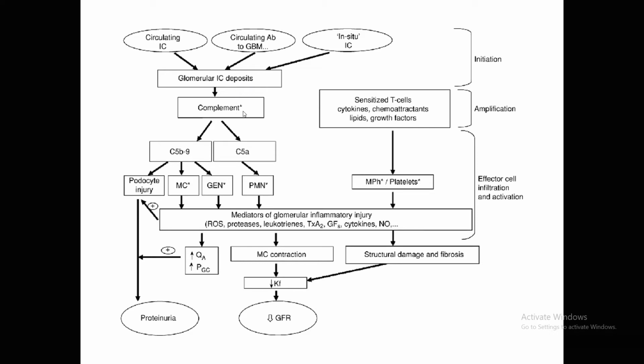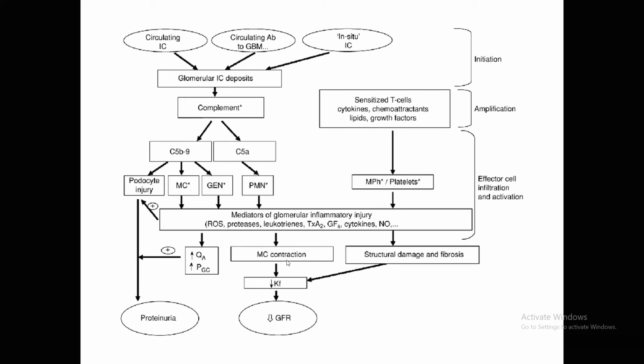Let me note that the deposition or a formation of an immune complex activates immediately the complement system. Thus, MAC, membrane attack complex, and activation of C5 recruiting the polymorphonuclear cells will produce injury and mediate glomerular infiltration with inflammatory cells and later inflammatory injury because of the release of reactive oxygen species, proteases, leukotrienes, and others.